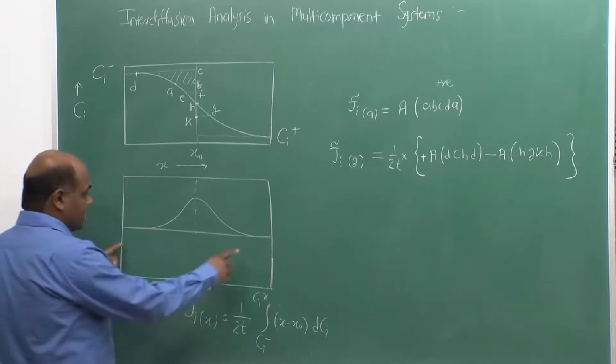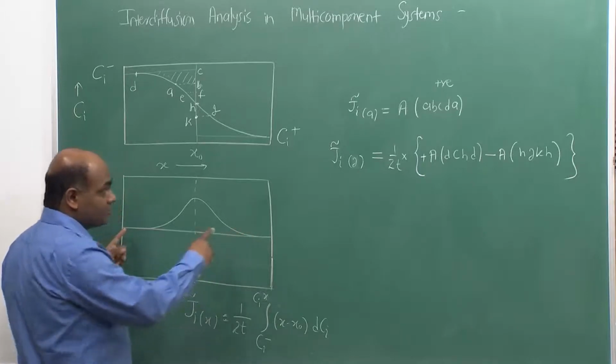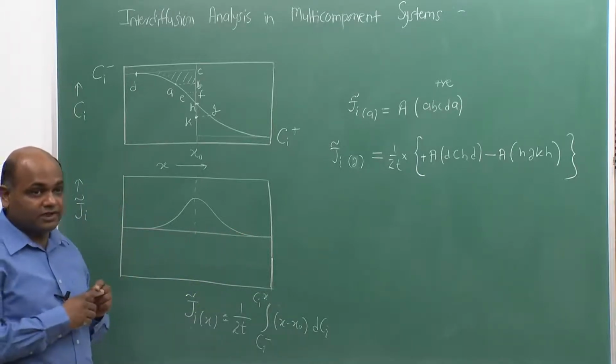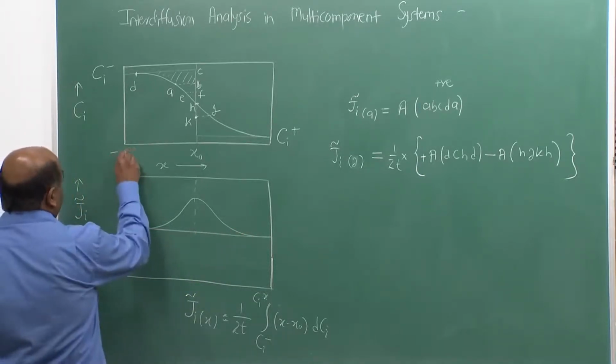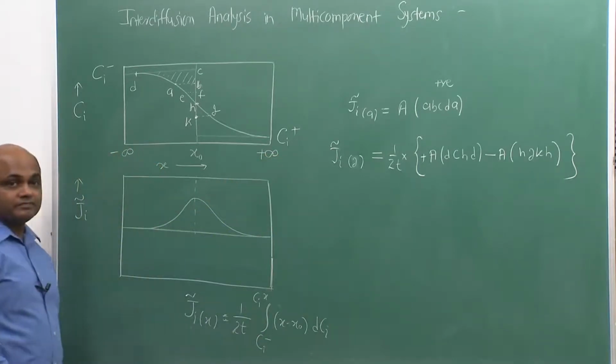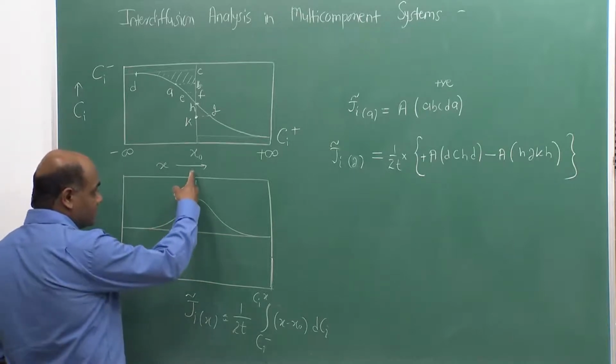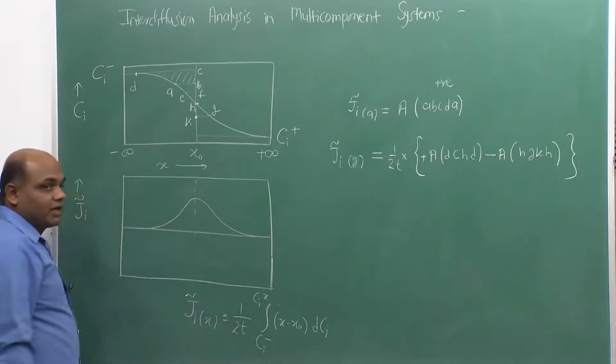At the two terminal ends, the fluxes would be 0. That is because we are dealing with infinite diffusion couples. The infinite boundary conditions are maintained, and the flux will have a maximum at the metanoplane location.